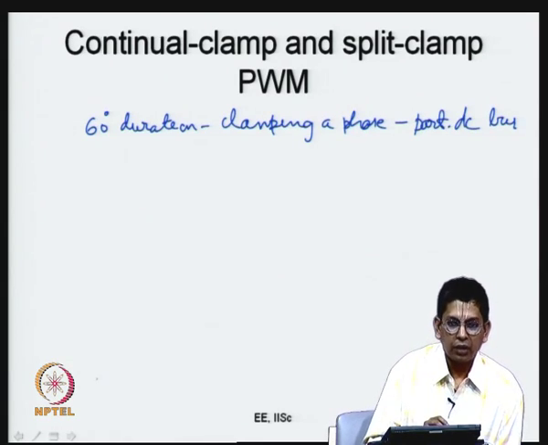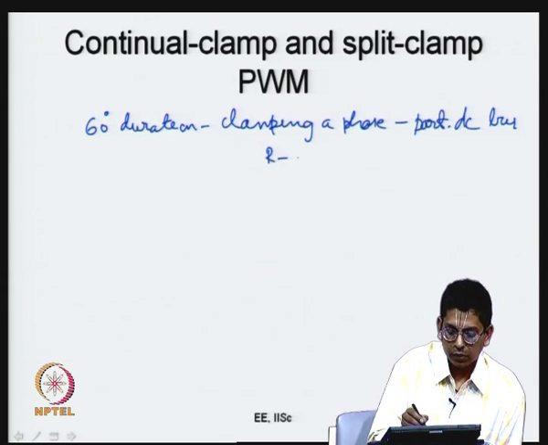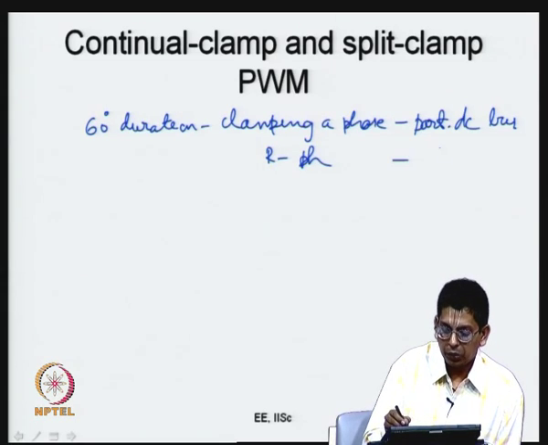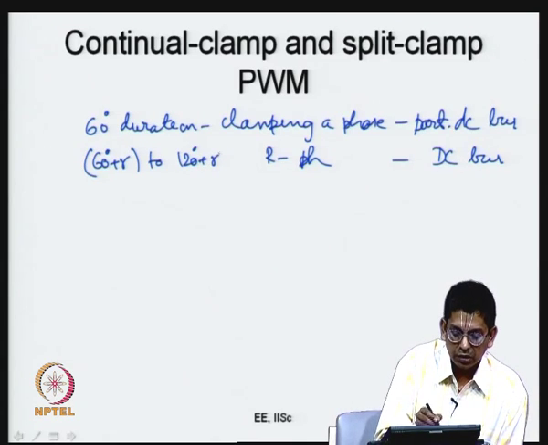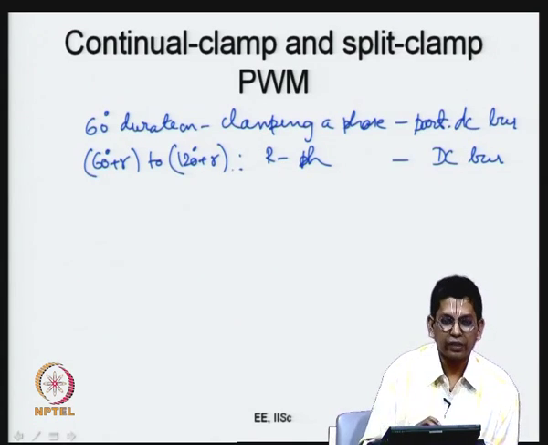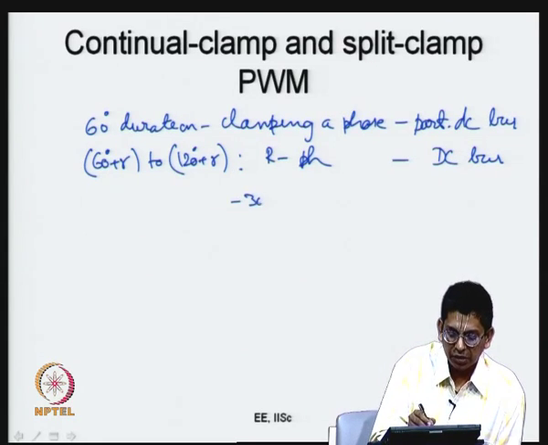Now, for example, R phase maybe to DC bus. What is the duration? The duration can be some 60 plus gamma to 120 plus gamma. This is the duration, and gamma can be anywhere between minus 30 degree to plus 30 degree, minus 30 degree less than gamma less than plus 30 degree.